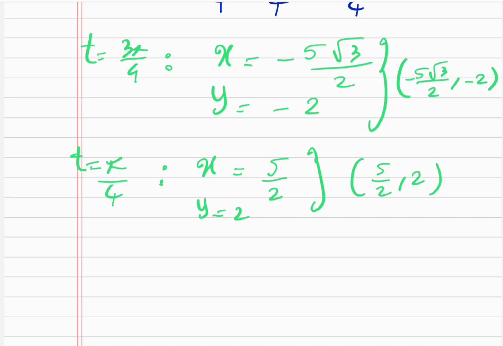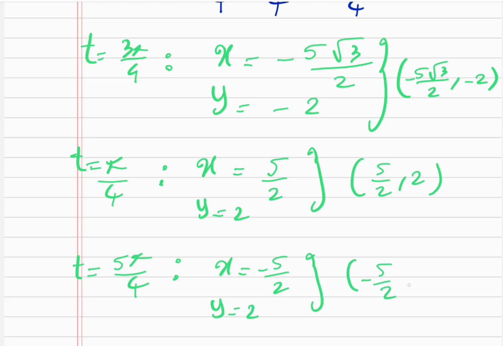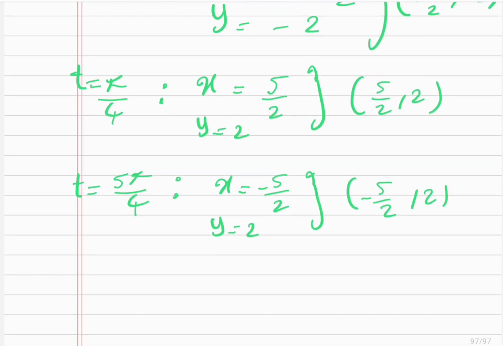Okay, now the next one is when t is equal to 5 pi by 4. In that case, x is equal to minus 5 over 2, and y is equal to just 2. So the coordinate is minus 5 over 2 and 2.